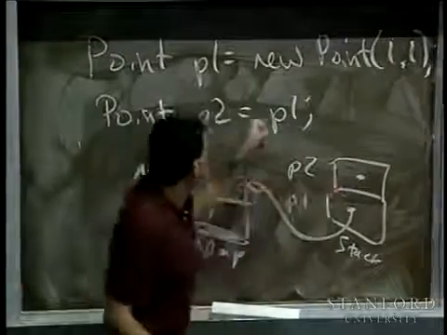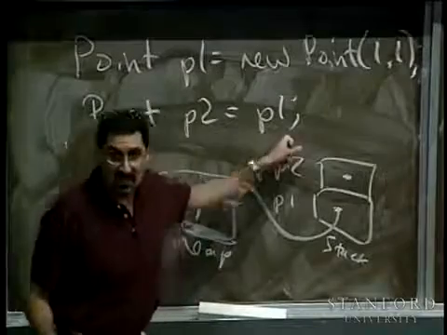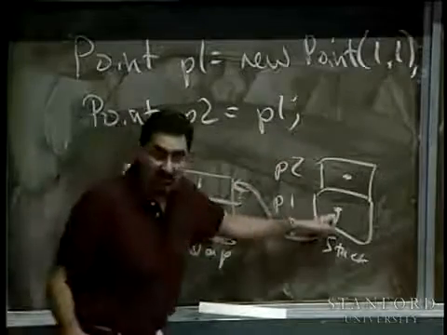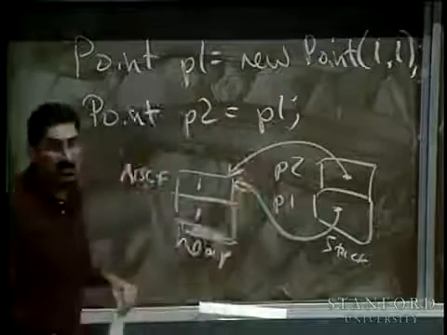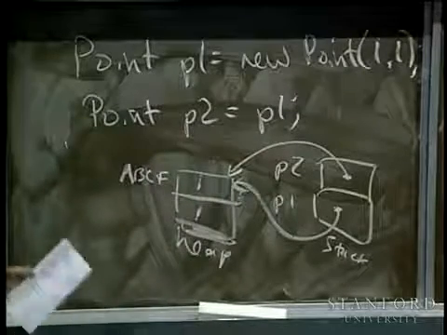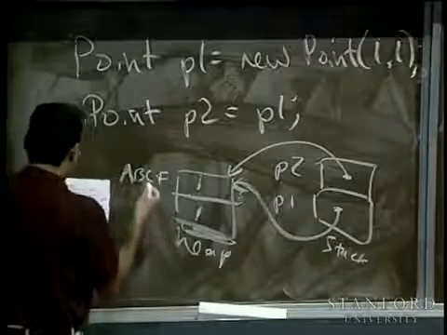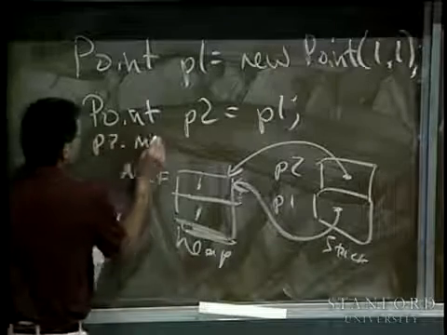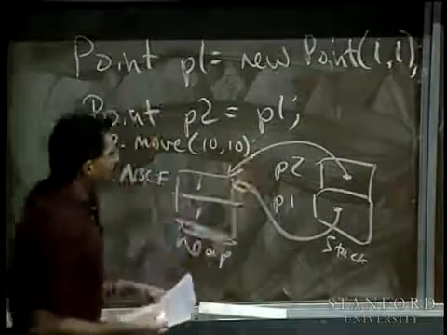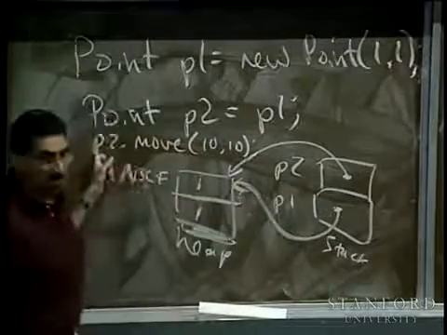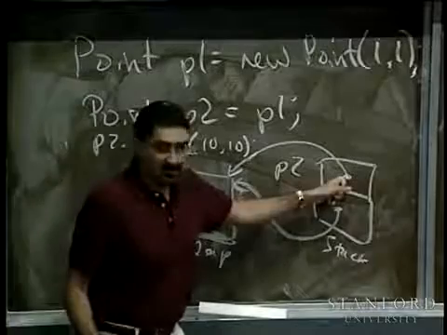When p2 comes along and I set p2 equal to p1, it just gets the same value as p1. It gets ABCF, which means this one is pointing to the same location. So if I do something like p2.move(10, 10), it says, I'm going to move based on p2. Well, where is p2 pointing?